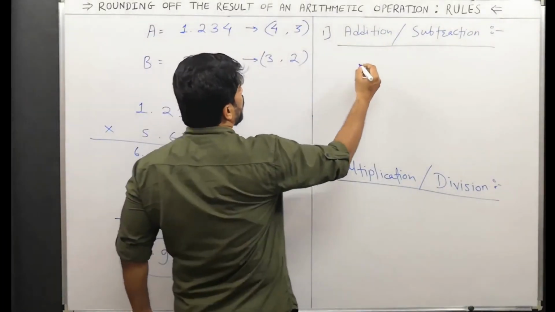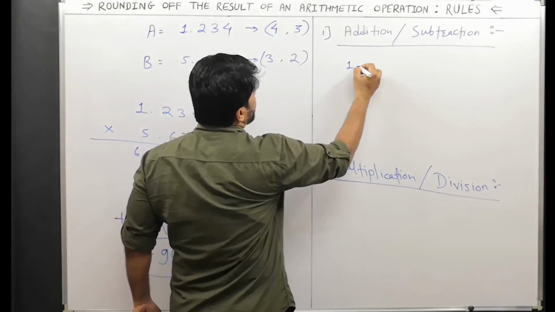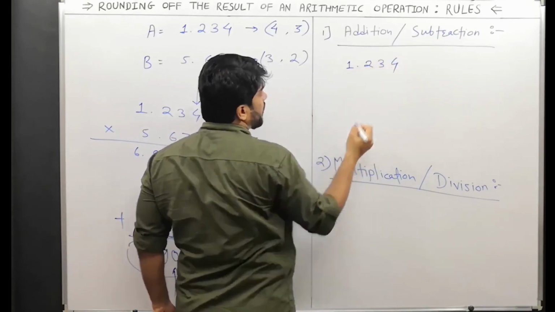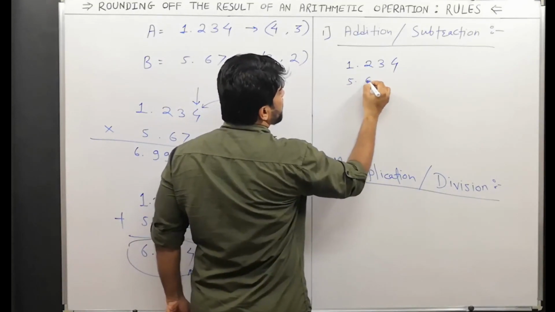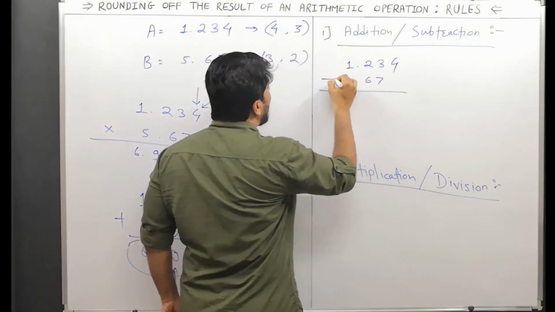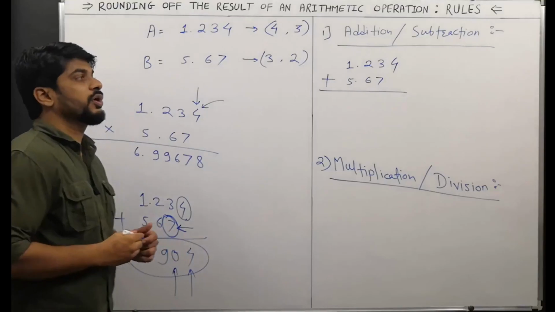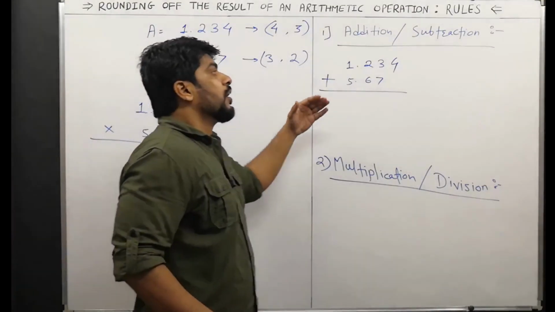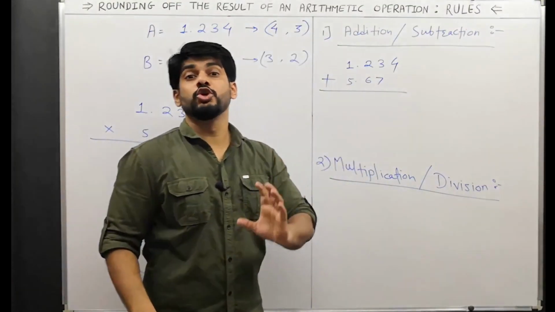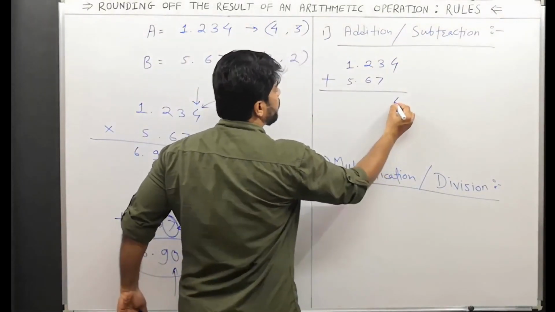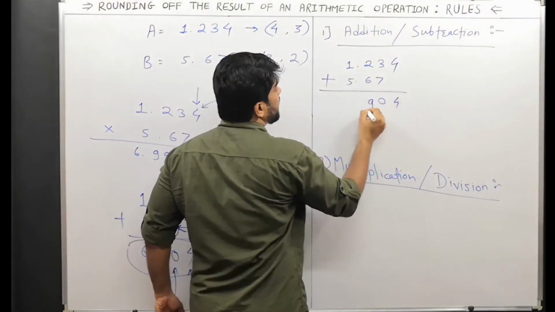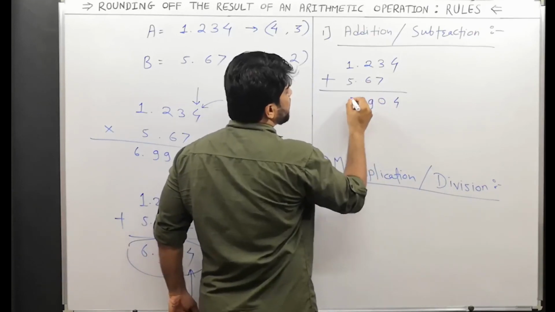Suppose we have these two numbers: 1.234 and 5.67. Let's say you are adding these two numbers. Now the question is, how many decimal places should be retained in the answer? The answer is 6.904.